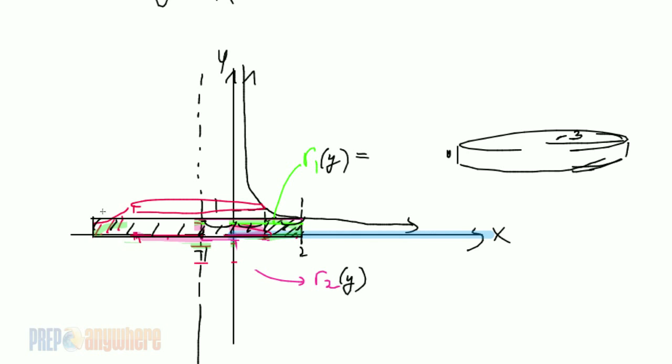So this part right here rotated is just pi 3 squared times 1. So what we actually need to find through integration is this part, rotating just this little blue part about x equals -1.